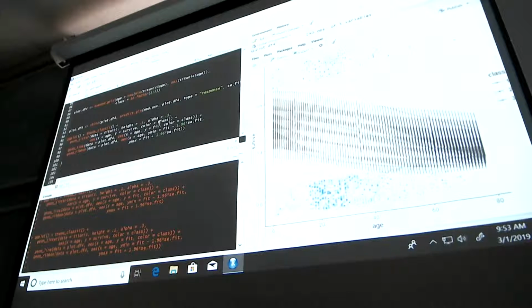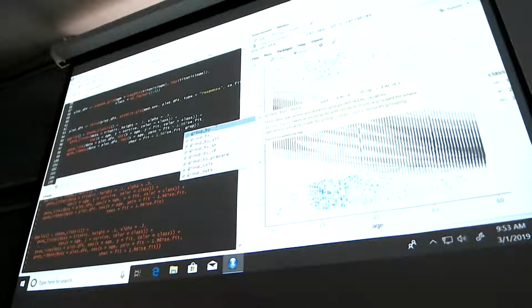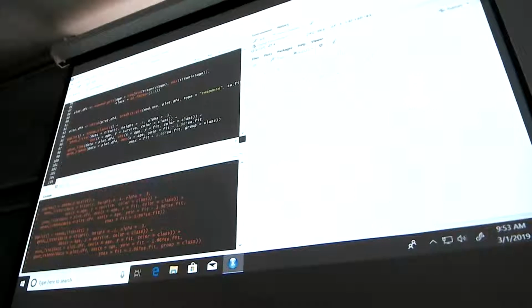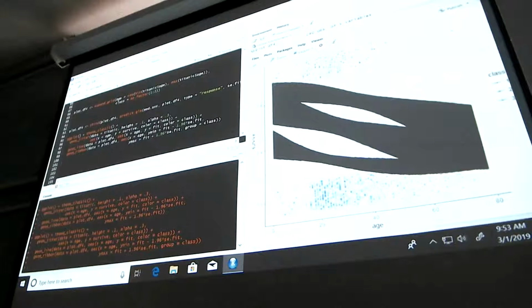so what's the problem here? What did I not do? Why is it looking like this? Exactly. I need to add in here that my group, not just my color, but group equals class. So now I've got this opaque thing. And so just remember that the transparency is your alpha.